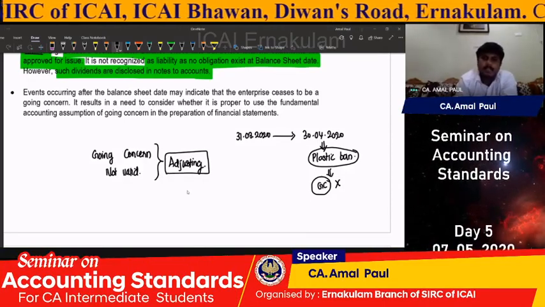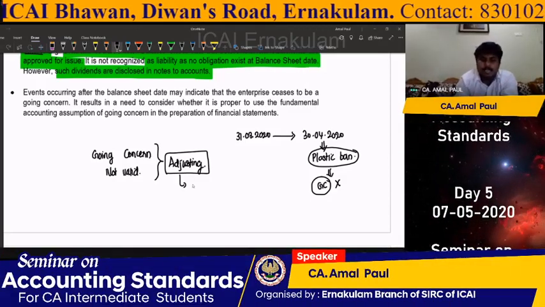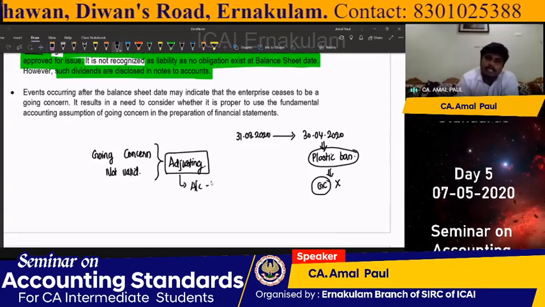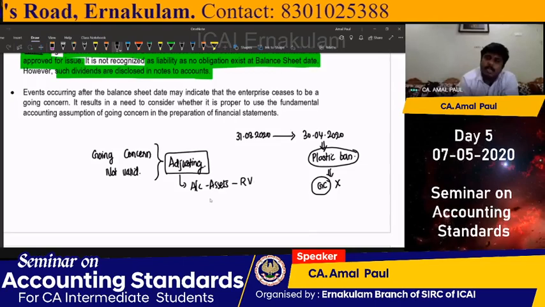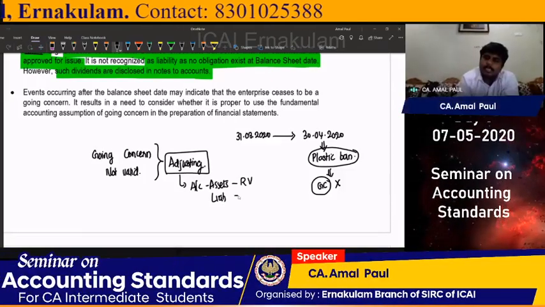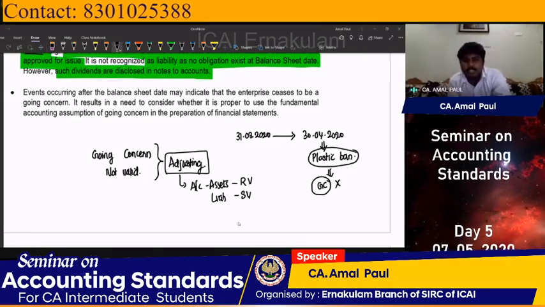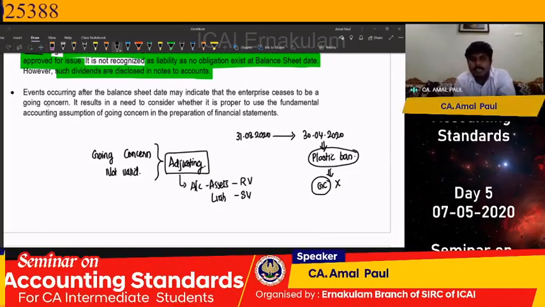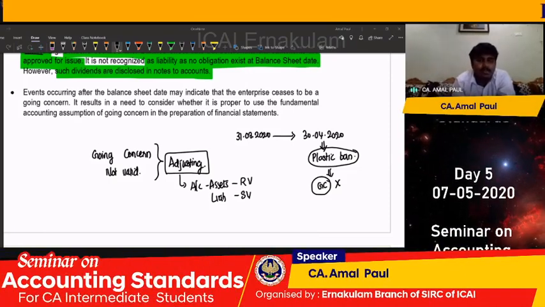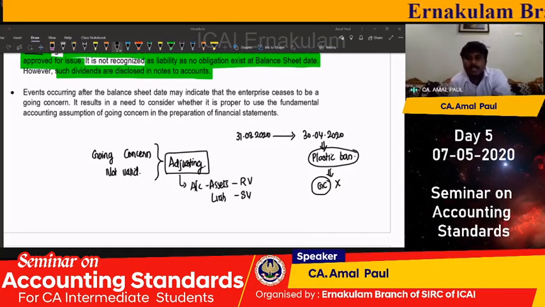We will account for assets based on their realizable value and liabilities at their settlement value, and we cannot follow the historical cost convention if the going concern assumption is affected. So only in case of the going concern assumption will we adjust a subsequent event.